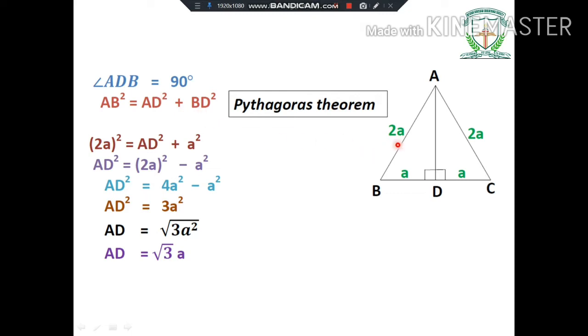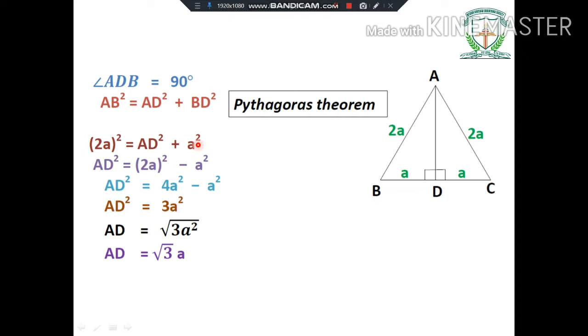Now substitute the values. AB is equal to 2A, so 2A whole square is equal to AD square plus BD square. We know the value of BD. BD is equal to A. Therefore, in the place of BD square, write A square.